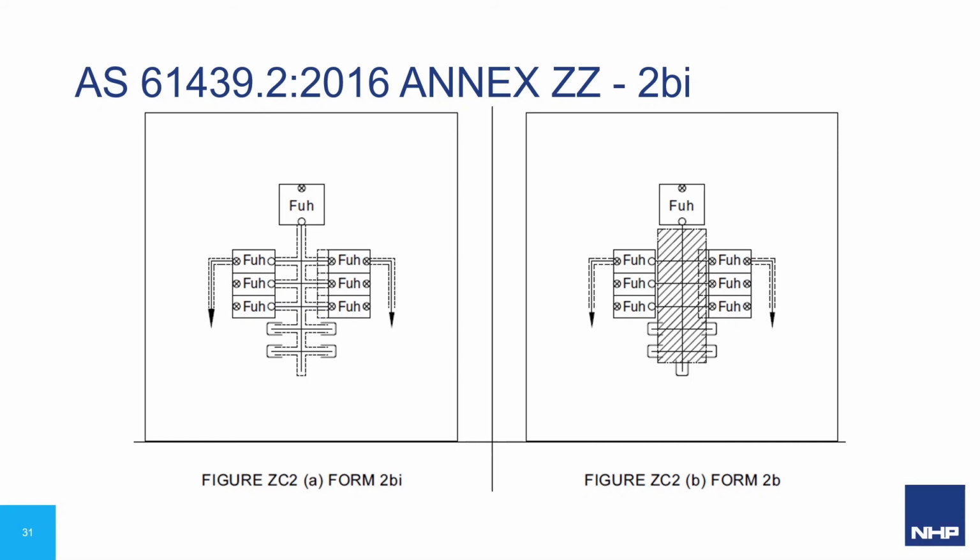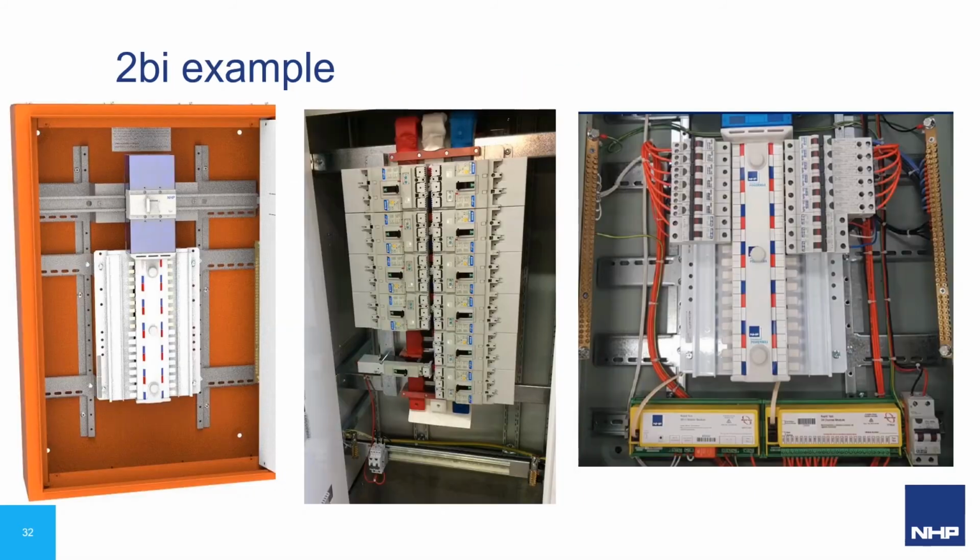This is a simple construction that requires attention to the IP2X requirement on the chassis or bus bar side of our functional units. In a Form 2BI assembly, this is achieved by insulated or encapsulated chassis with terminals of the functional unit maintaining IP2X on the chassis side of the functional unit.